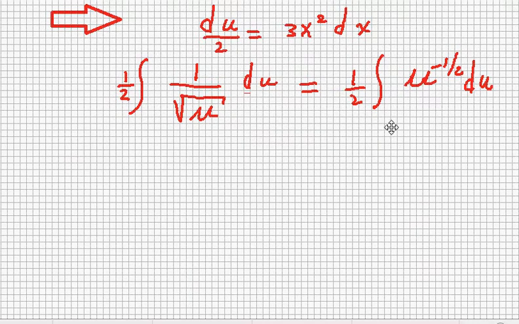Now to find the antiderivative, this is going to be equal to u to the negative 1/2 plus 1, divided by negative 1/2 plus 1.